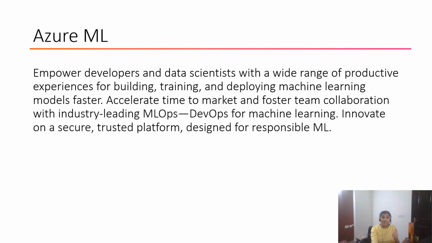You can leverage MLOps, which is a DevOps practice for machine learning. You can innovate on a secure and trusted platform which is designed for responsible ML. You get ML for all skills. You have end-to-end MLOps. You also have the flexibility of leveraging responsible ML.